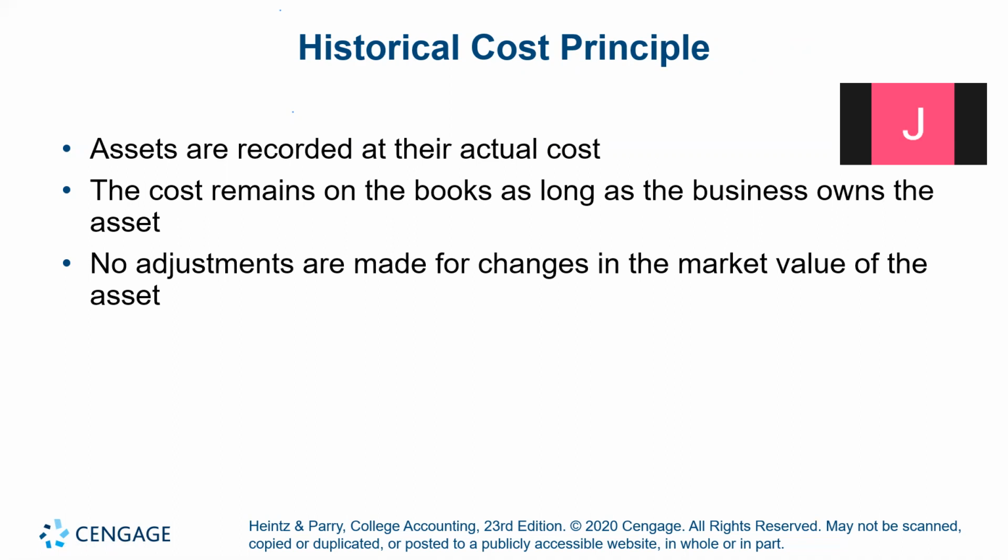No adjustments are ever made for changes in the market value of the asset. You can never record a gain on the implied increase of an asset. For example, you bought property in Santa Barbara on the beach 100 years ago, your great-grandfather did, and you still own that land today, which is now worth tens of millions of dollars.